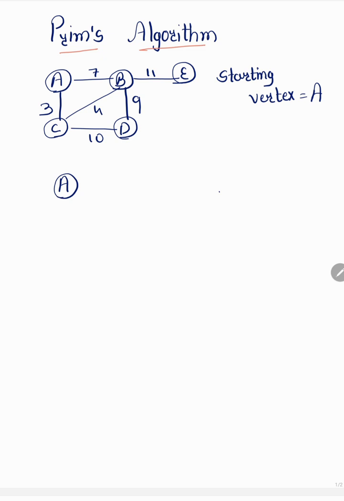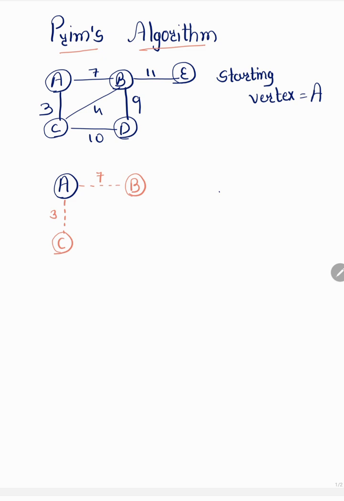Now what I need to do is find all the adjacent vertices and add them as fringe vertices. So what I'm doing over here is making the fringe vertices: here I have B and here I have C. Now out of these two, I need to consider the weight. Here the weight is 7 and here the weight is 3.